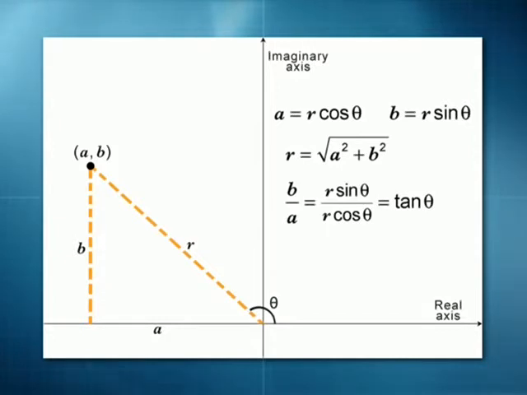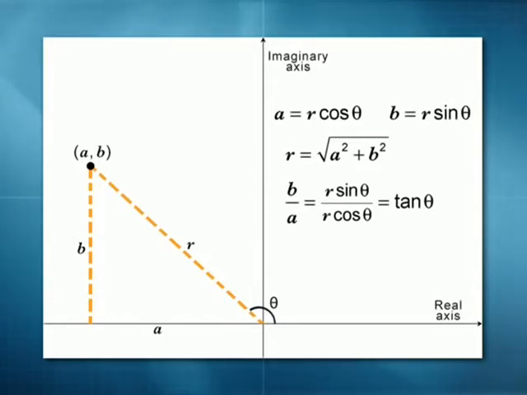So what does all this say? Given this complex number, a plus bi, we can find its angle theta by solving that equation, tangent theta equals b over a. And we can find the distance from the complex number to the origin by calculating the square root of a squared plus b squared.